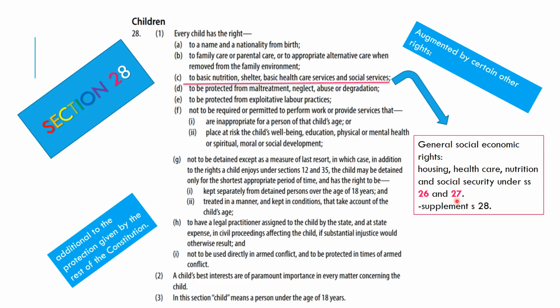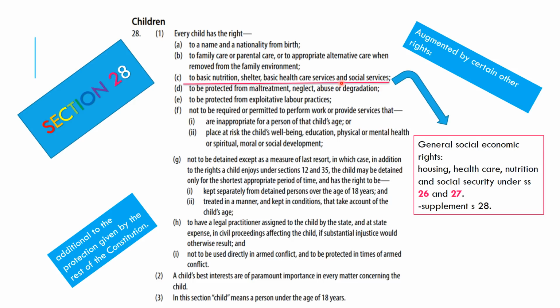Now remember, Section 26 and Section 27 are rights in the Constitution given to all citizens in the country. Section 26 and Section 27 actually contain the same basic rights, the right to housing, social services, food, etc. But Section 28C places these rights and gives them specifically to children.